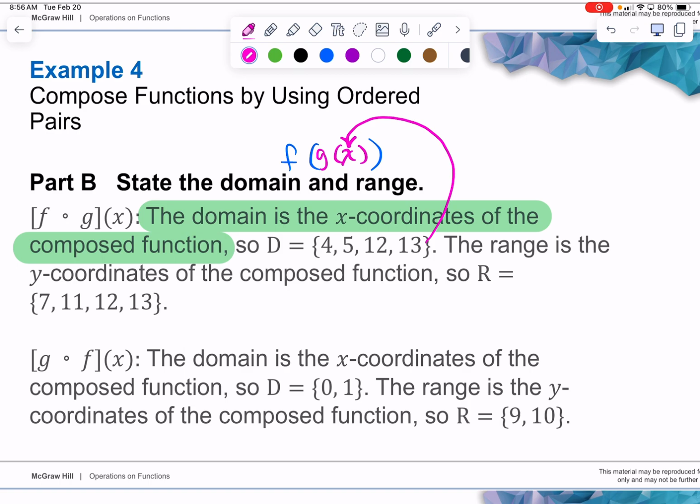And it turned out those numbers that I could use in that inner x were 4, 5, 12, and 13, right? And what we got out was a 7, 11, a 12, and a 13, right? So that's my range. Okay, everybody good with that?